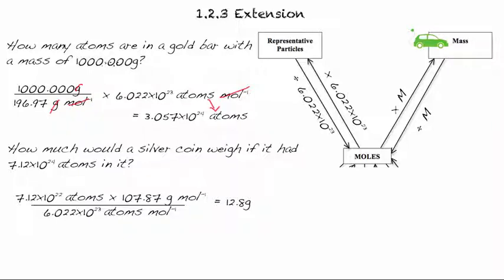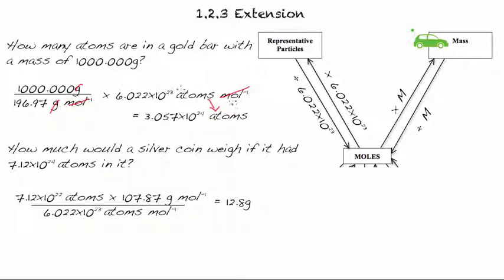For example, if instead of grams we had said how many atoms are in a gold bar with a mass of 1.000 kilograms, and you had just written down kilograms up here, you would have realized by dimensional analysis that kilograms will not cancel out with grams, so you'd have to do another conversion step. These are sometimes little extensions of questions that try to differentiate between a higher level student and someone who just has a basic understanding.